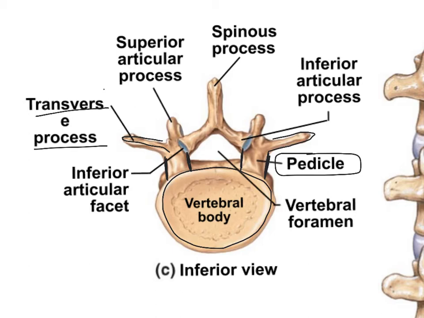We see a process that sticks up in the air, and that's called the superior articular process. We see a process that points downward, and that's called the inferior articular process, and you'd see that better on a different picture. And then we have a process going out the back, which is called the spinous process.